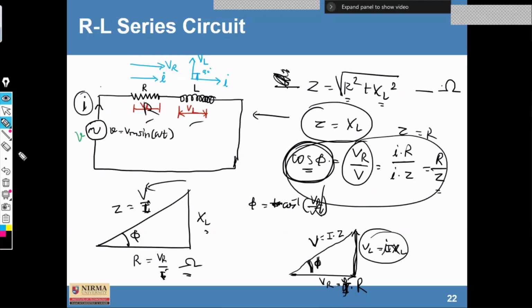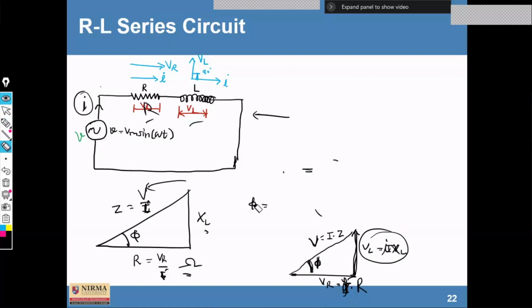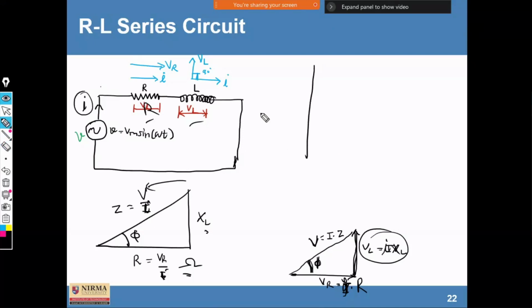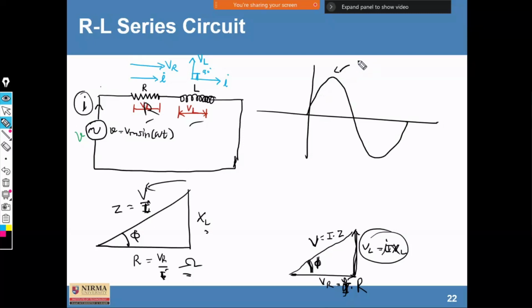Fine. So we can represent these different vectors in the form of graphs as well as in the form of vectors also. Okay. So if you want to draw here, fine, we can also have the voltage waveform. This is V is equal to Vm sin omega t, which is a source voltage.